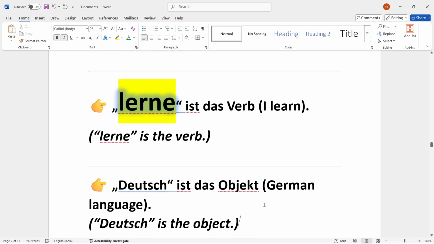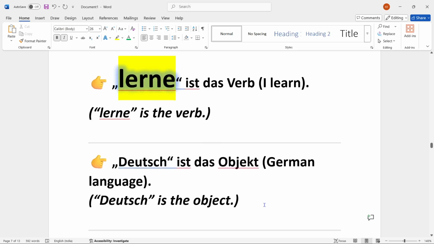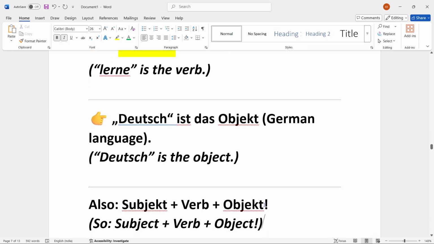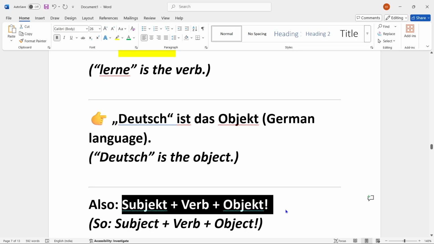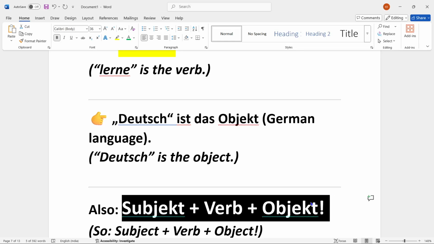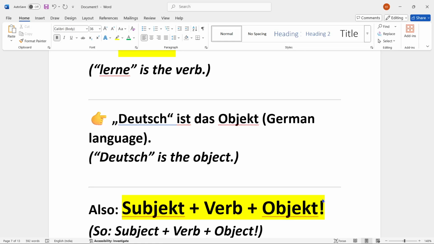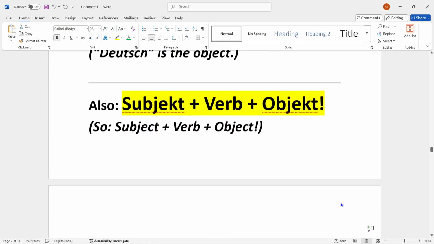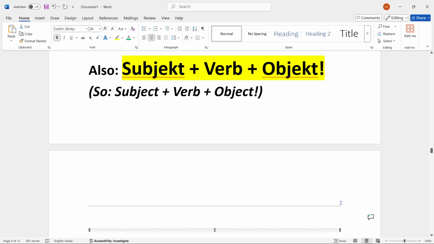Here, Objekt. Also, Subjekt plus Verb plus Objekt. This is the German structure. Subjekt plus Verb plus Objekt. Okay?